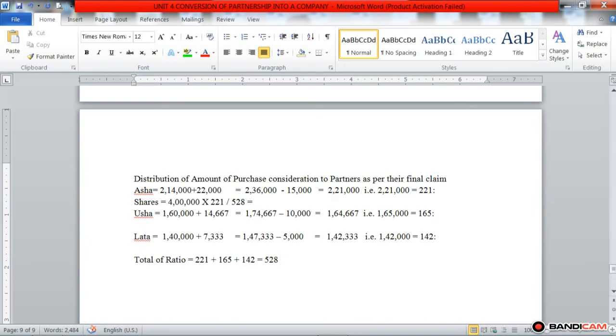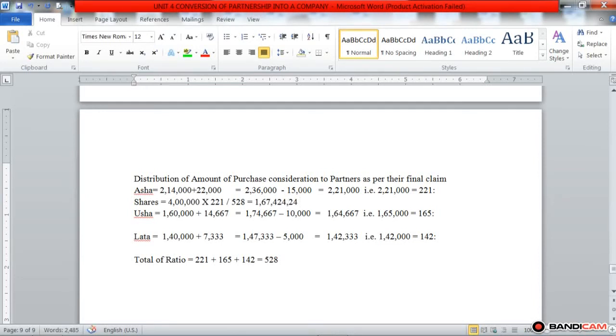The number of shares received by Asha is equal to 4 lakh multiplied by 221 divided by 528, which is equal to 1,67,424.24.